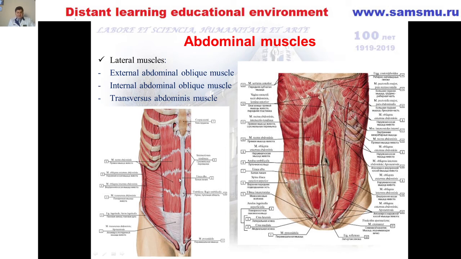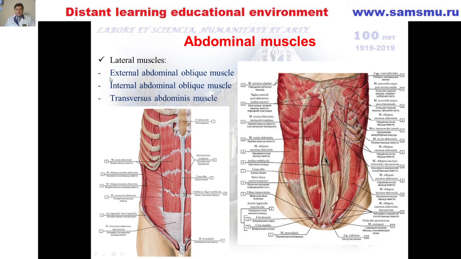And also you must know the posterior muscle, quadratus lumborum muscle. The abdominal muscles are exclusively related to the autochthonous ventral musculature of this region and are innervated by the intercostal nerves and superior branches of the lumbar plexus.